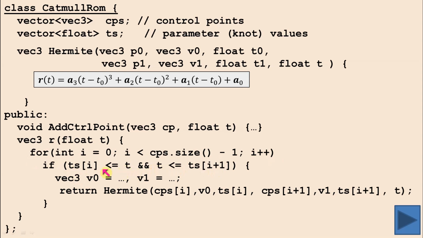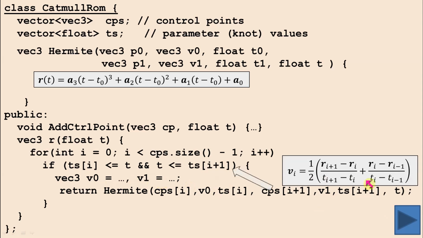And if we find an index i for which the interval ti and ti plus 1 contains t, we know that we have to use that particular curve segment. Here, we have to compute the velocity vectors at the beginning of the segment and at the end. We have the formula for that. And when the velocities are available, we can call this Hermite function.